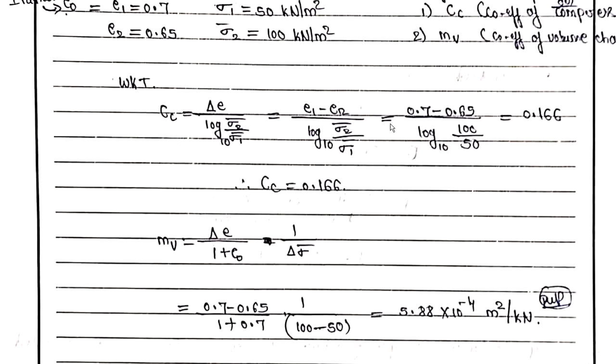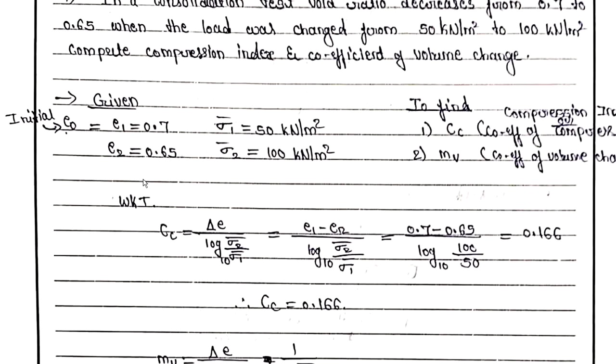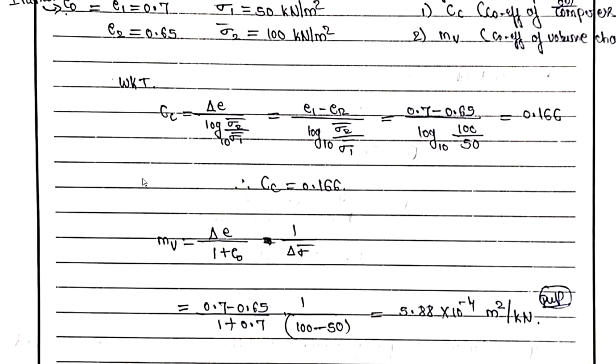Which is equal to 0.7 minus 0.65, where 0.7 is e1, 0.65 is e2, log 10 to the base sigma 2 dash divided by sigma 1 dash, 100 divided by 50, which is going to give us 0.166 as the answer for this particular coefficient of compression or compression index.